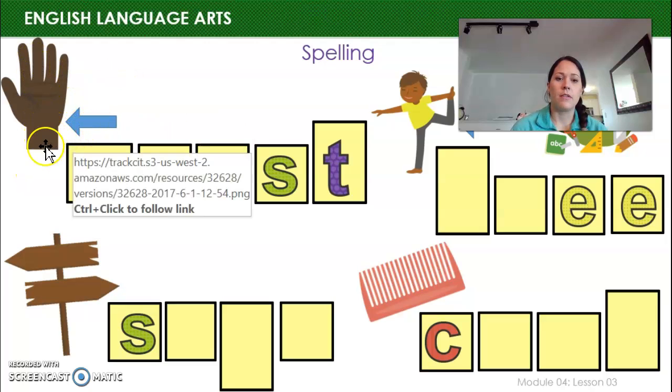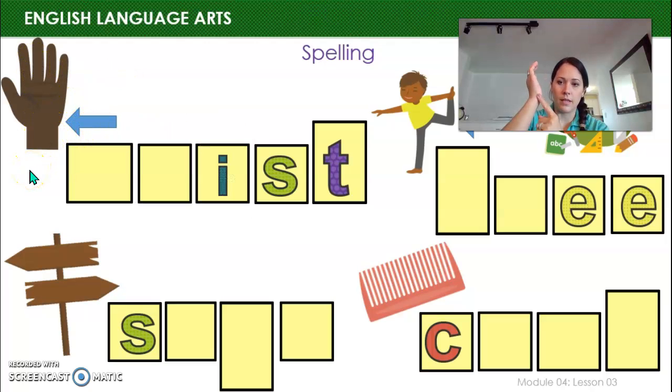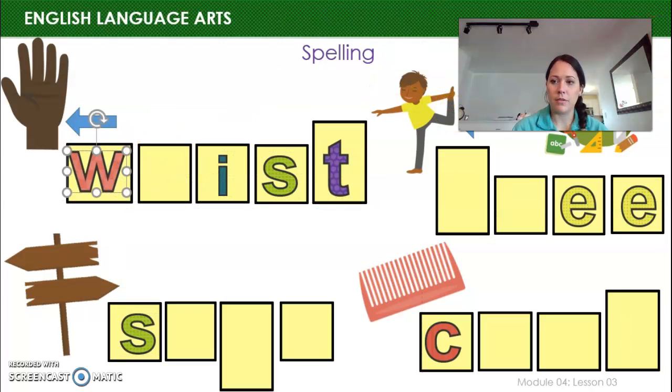Okay, so this arrow is pointing to the wrist. We were working on what two letters have the sound with a silent letter in the front. Do you remember? I hope you said WR, because that sound is just with the silent W.